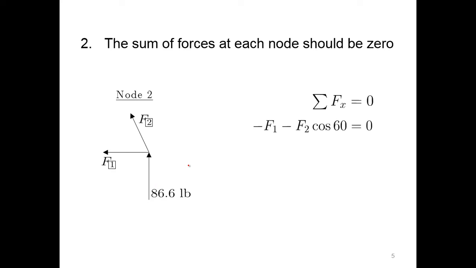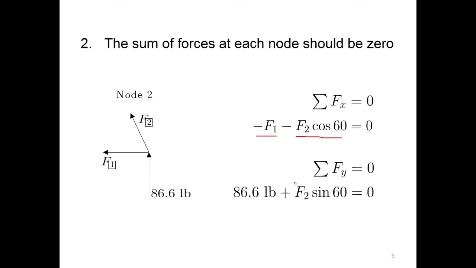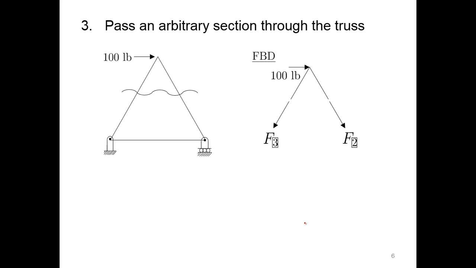So again, sum of the forces in the x direction, we get the force in the negative x direction, so negative force 1 with element 1, and we also have the x component of element 2 going in the negative direction, so we have force 2 cosine 60 equals 0. And then look at the sum of the forces in the y direction, and I don't have any components for element 1, but we do in element 2, so we can ultimately solve for the force in element 2 and make sure that's what it should be.